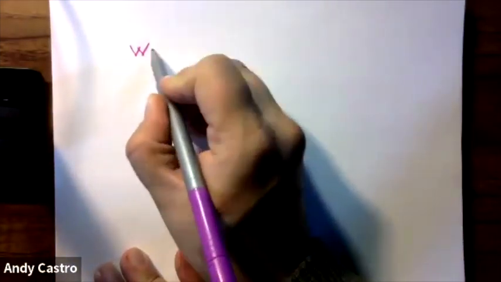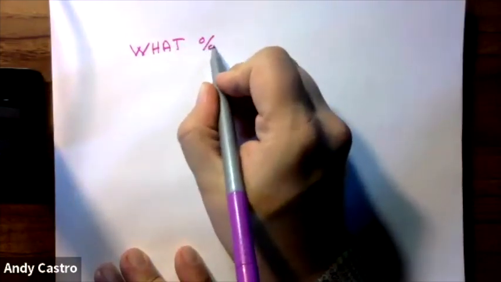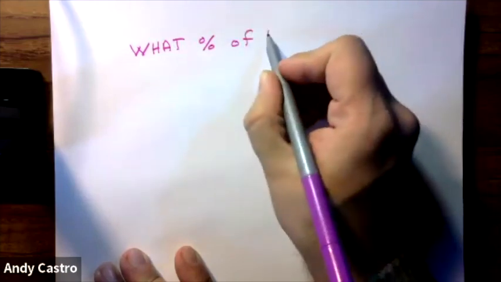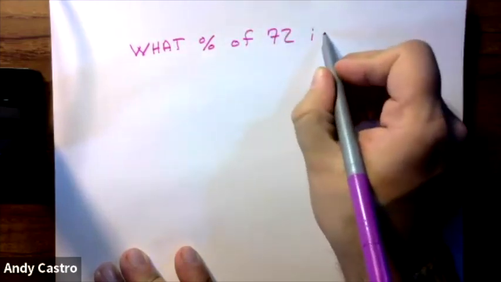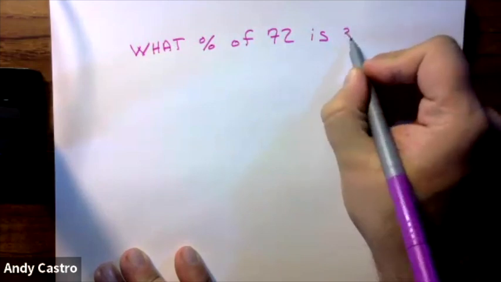We've got another type of percent here that I want to go over. And that is when we find the percent. So let's write this down. What percent of 72 is 35?